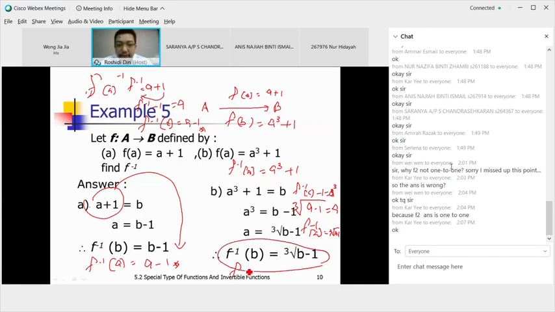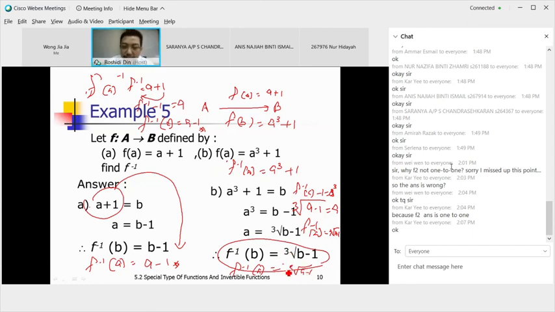We change to F(A) equal to A minus 1, cube root. So from F(A), the inverse of A will be the cube root of A minus 1.